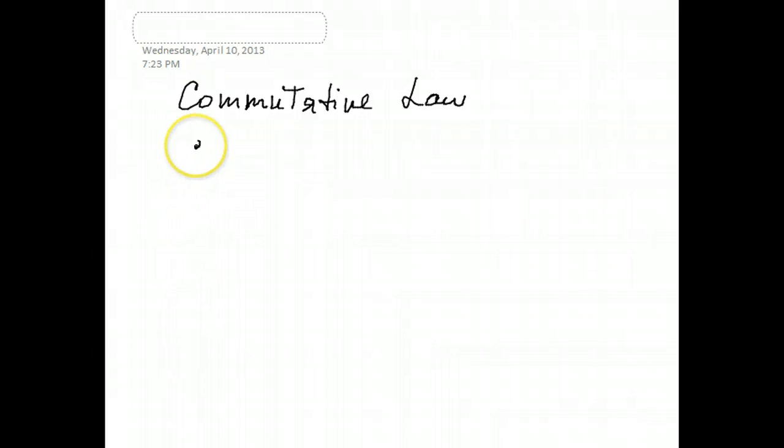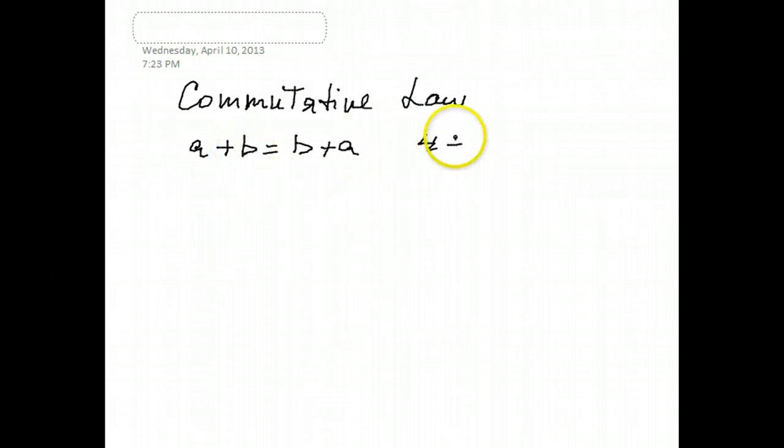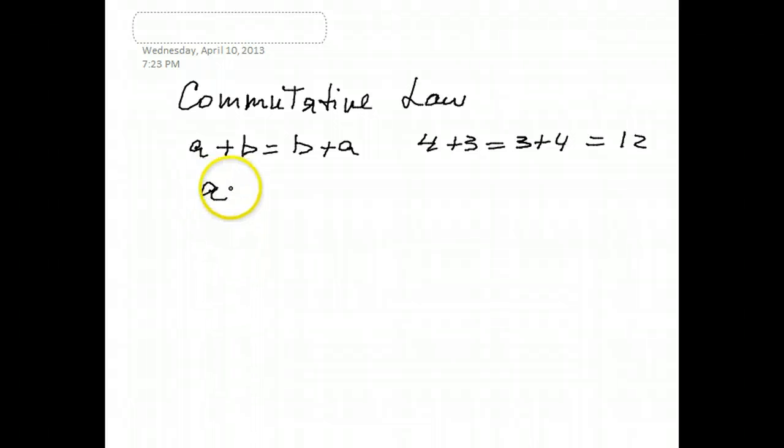So in other words, A plus B is equal to B plus A. Right? So let's take an example. 4 plus 3 is 12, and that's the same thing as 3 plus 4. Okay? Same with multiplication. A times B is equal to B times A.